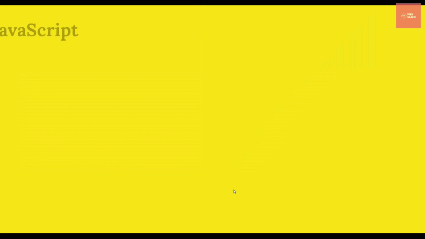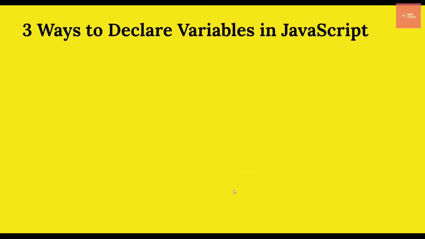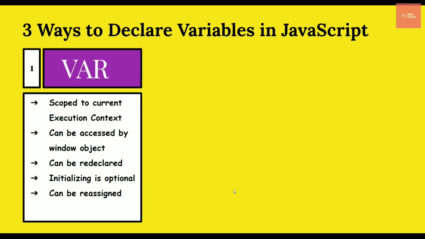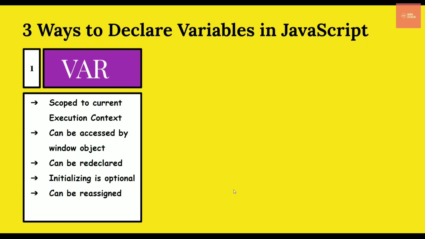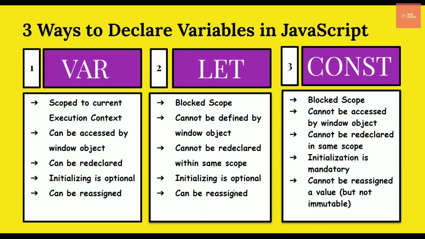Now let's see what are the three ways in which you can declare variables inside JavaScript programming. So the very first one is the var keyword, and this is the oldest version which we were using, but now we have some more advanced keywords with some new features, like let and const.